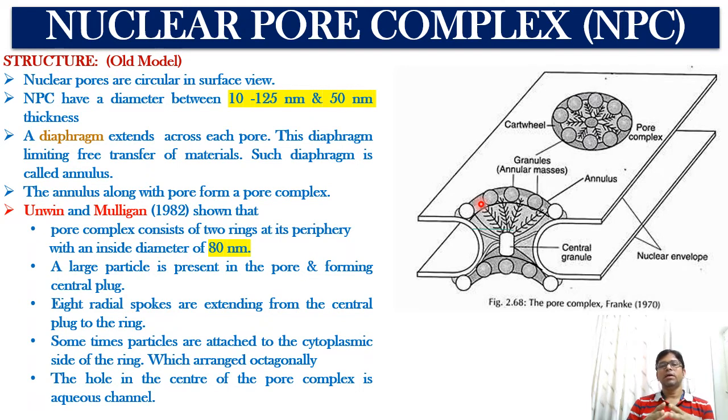A large particle is present in the center of the pore, which forms a central plug or central granule. Here you can see in the picture, this is the central granule. 8 radial spokes extend from the central plug to the peripheral annular rings, here you can see 1, 2, 3, 4, 5, 6, 7, 8.